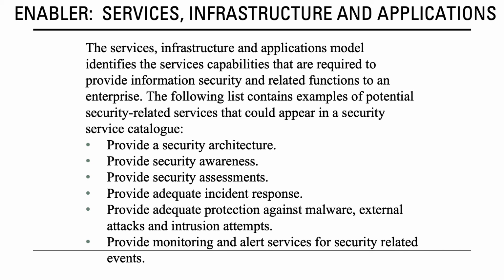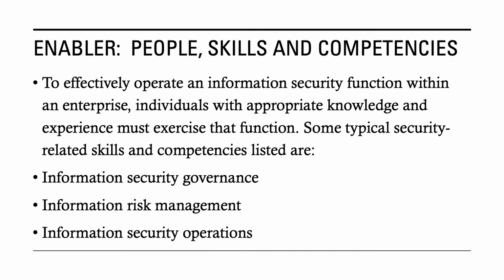So security awareness program, security architecture, security assessments, incident response, processes like business continuity, DRP, BCP, incident management, protections that need to be adequate regarding malware, external attacks, intrusion attempts, and how we're going to be monitoring all of this and providing alerts. So a lot of technical components in there as well.